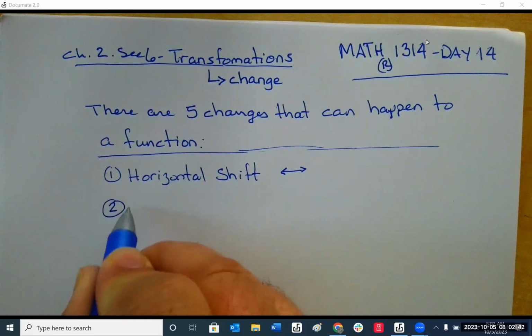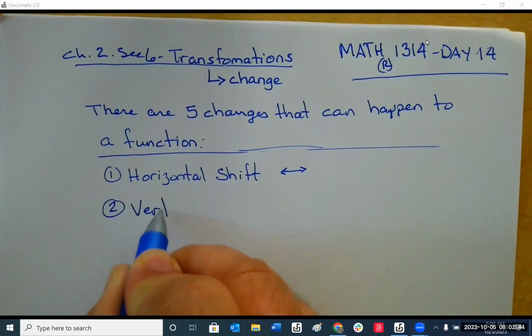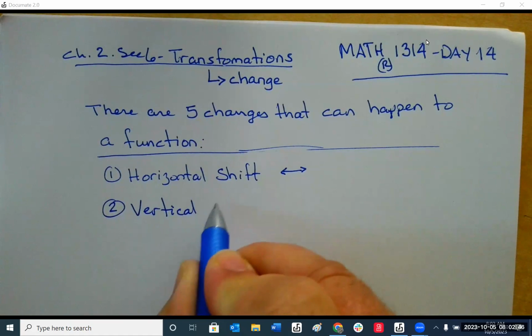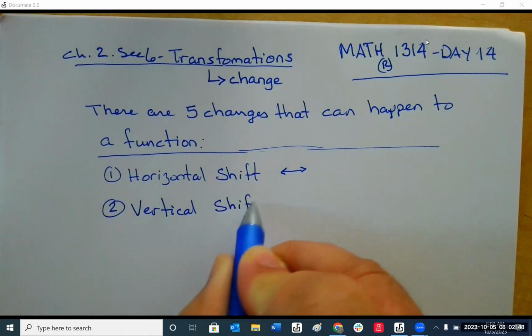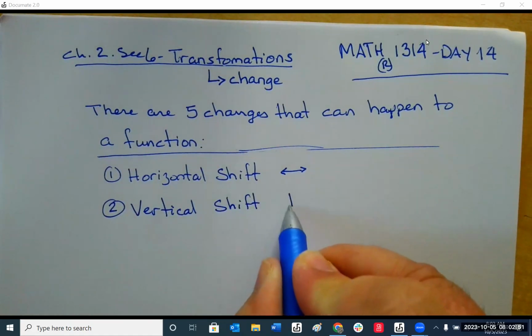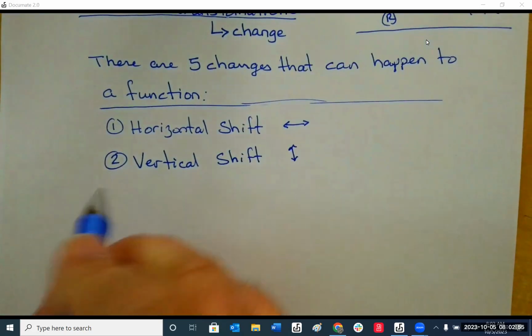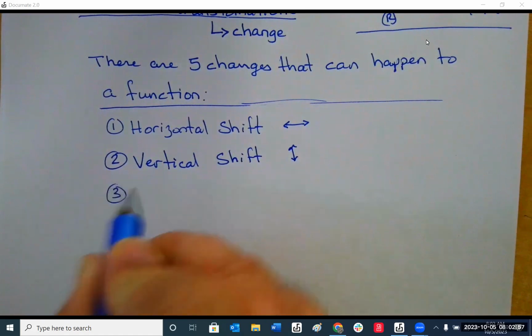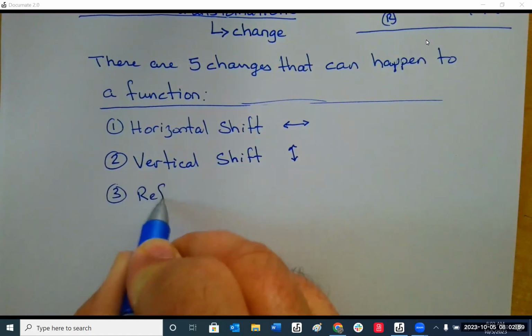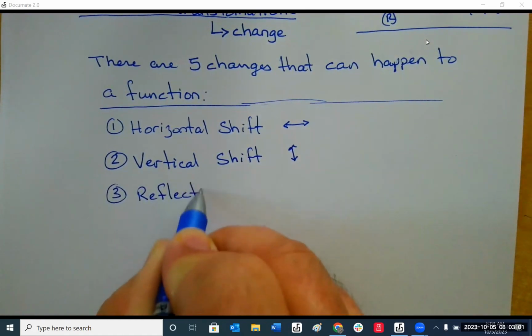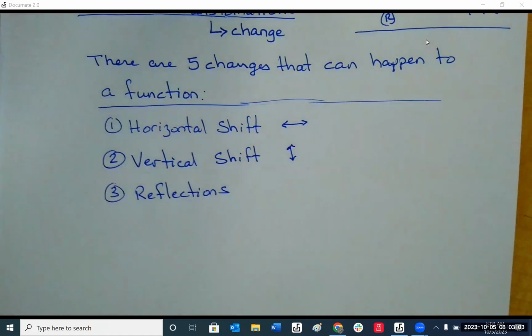Then we'll talk about vertical shifts. That's up and down. Then we'll look at reflections.